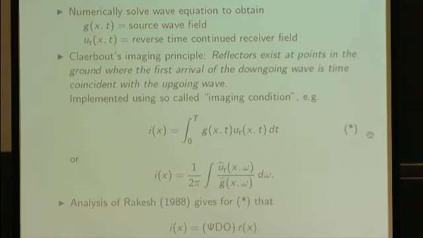In this formula, you transform the equation to the Fourier domain, but instead of multiplying by the adjoint of G, you divide by the source field, and that gives a different normalization of the image. And we'll do something similar to this to actually get an image. So those are two well-known methods, and for example, for the first one you can already analyze from known results that you get a pseudo-differential operator times the reflectivity for the image.